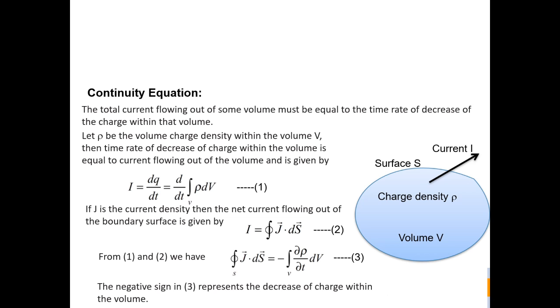So the total current flowing out of some volume must be equal to the time rate of decrease of charge within that volume. That's a statement we're going to try and analyze and use to find the continuity equation.